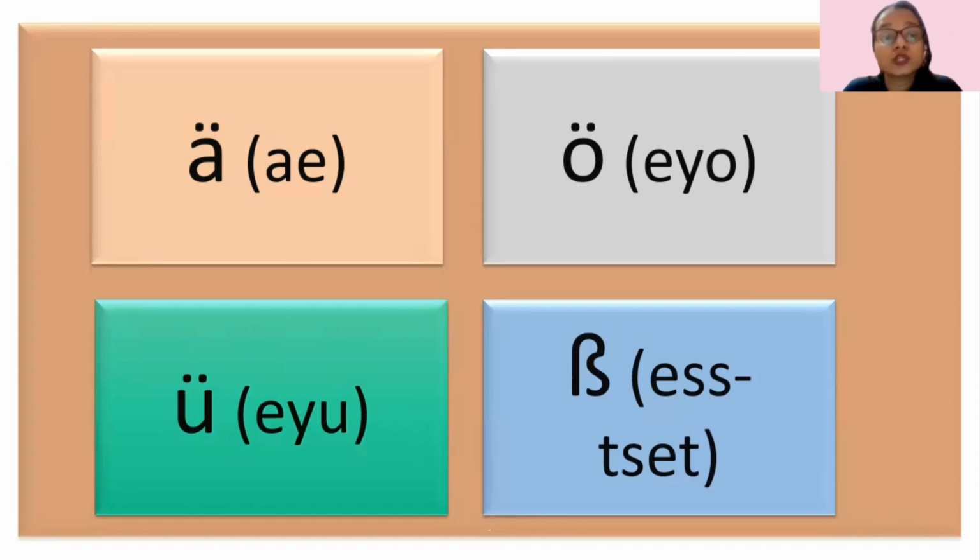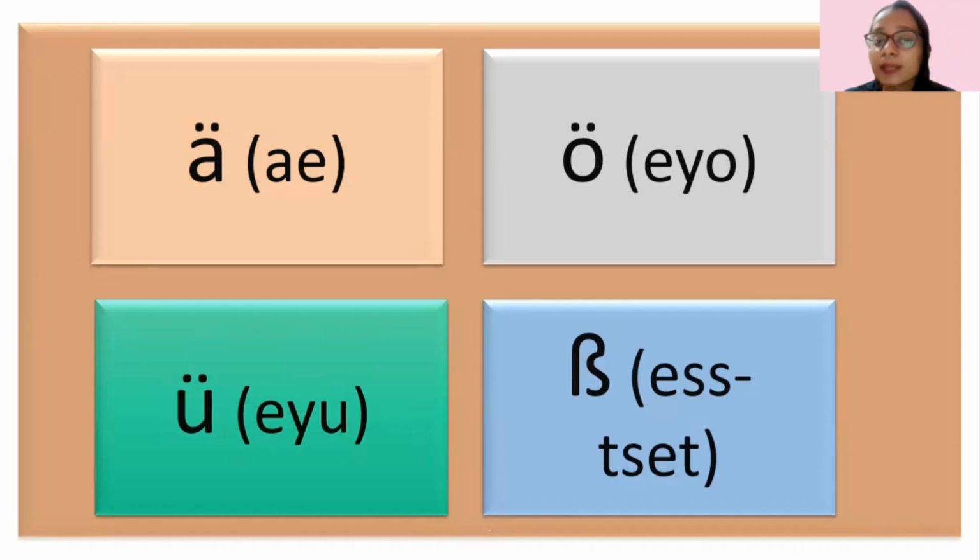You can see here A with two dots, O with two dots, U with two dots, and so on. These two dots are known as umlaut.